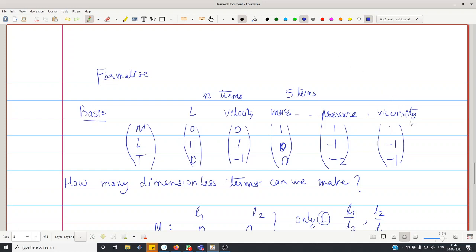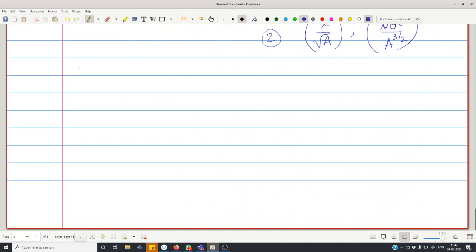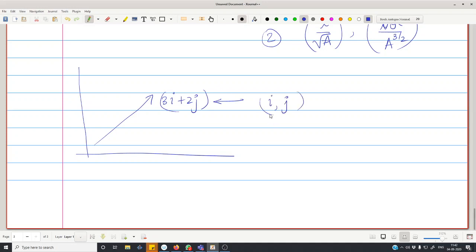Now let us quickly look at the concept of a basis vector. In 2 dimensions, if I have a vector say 3i plus 2j, the basis vectors for this are i and j. I take the basis i and multiply it by 3, and add it to the basis j multiplied by 2.